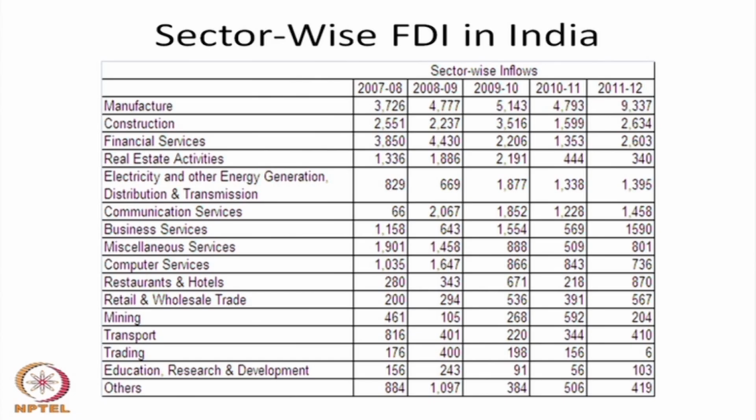These are the sector wise foreign direct investment in the last 4 years, that is 2007-8 to 2011-12. If you see, a huge amount of foreign investment has come in the manufacturing sector, and after that construction, financial services and real estate. These are the 3-4 sectors where a significant amount of foreign direct investment has come.